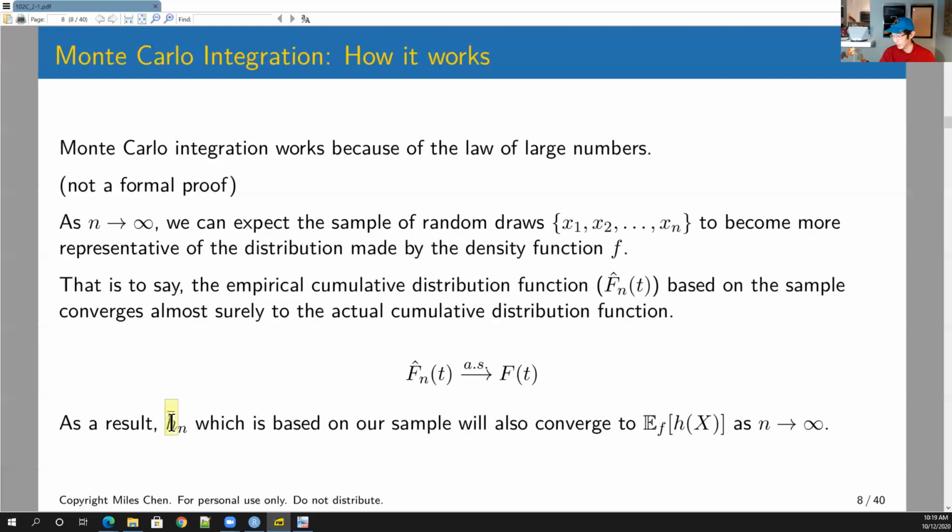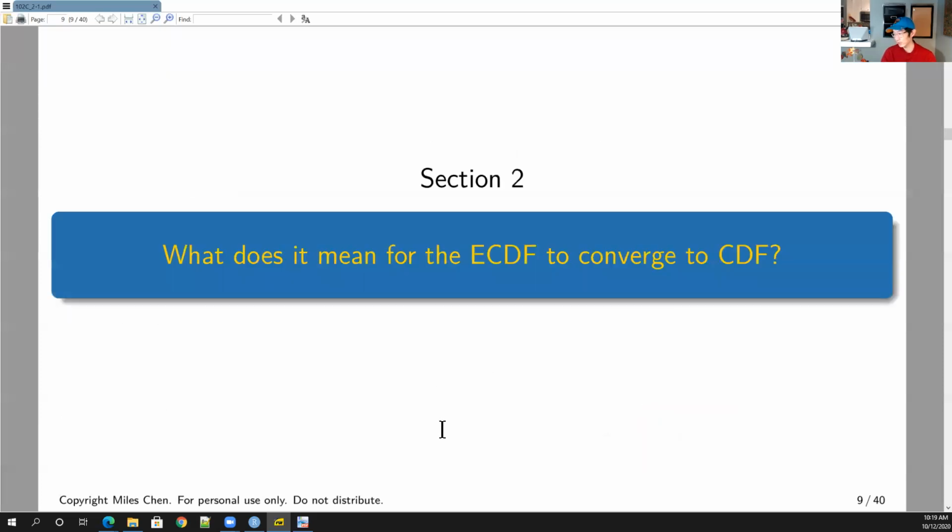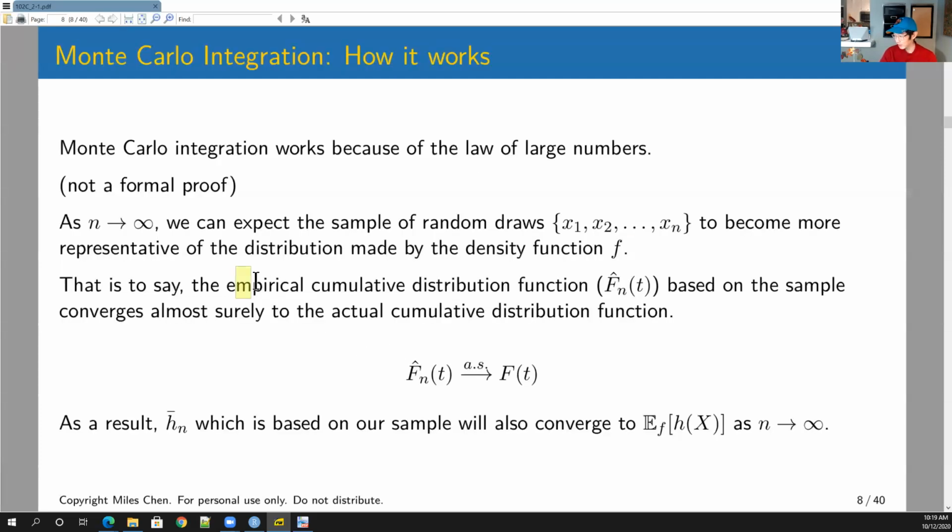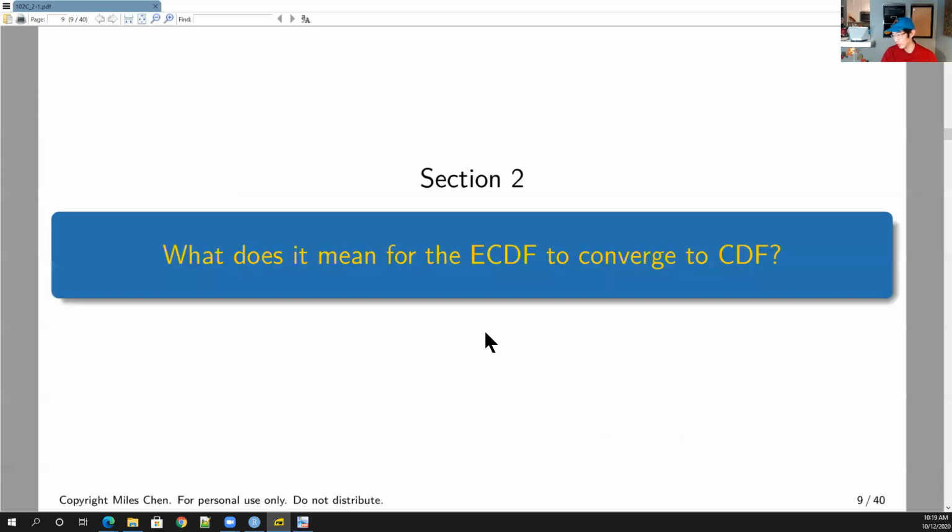So this is an estimate of this, and it will converge just as well. Here I wrote that the sample converges to the actual CDF, and I just want to explore that a little bit.